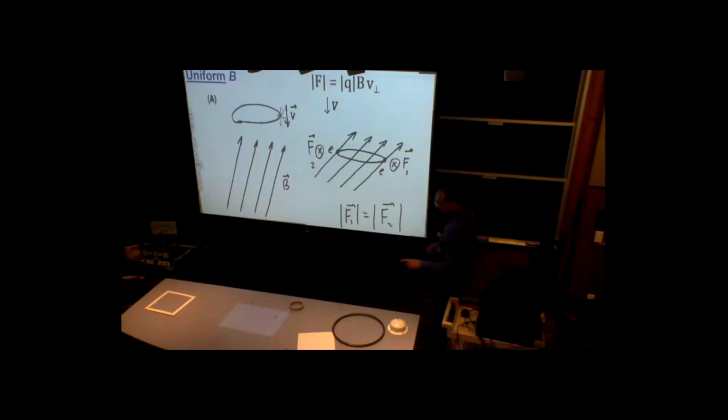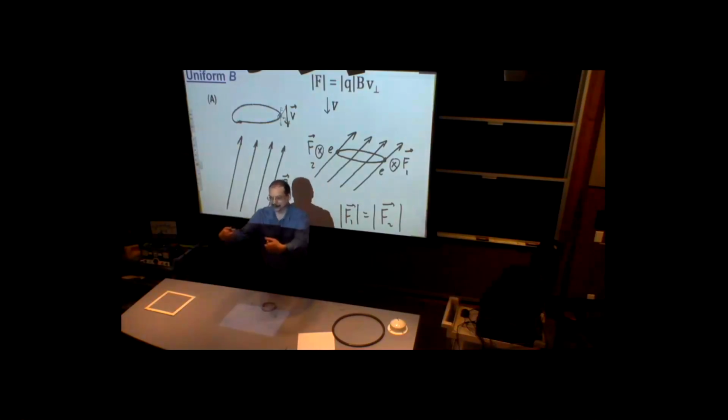So in my example, let's say it's here. I move it like this, that's the magnetic field. Force should point like that. But on the opposite side, there is exactly the same electron with exactly the same magnetic field, experiencing exactly the same force, but in the opposite direction. Well, the same direction relative to the screen, but opposite direction relative to that electron.